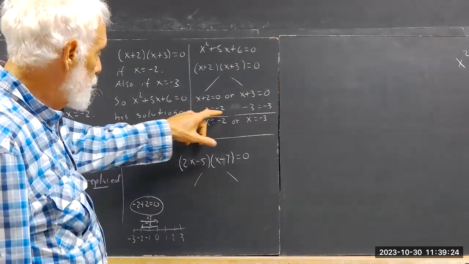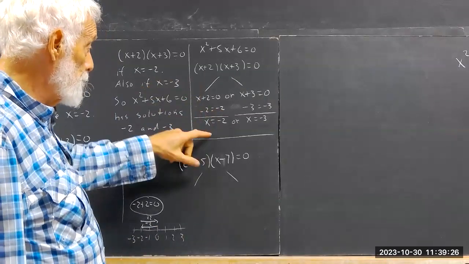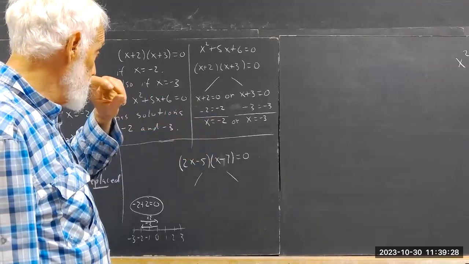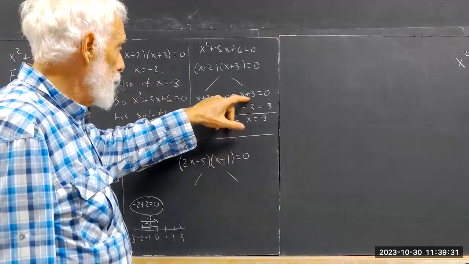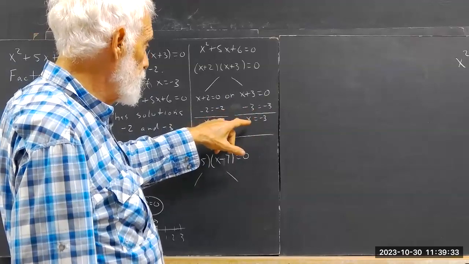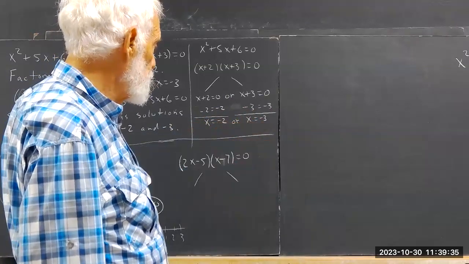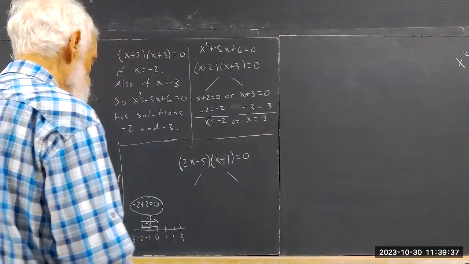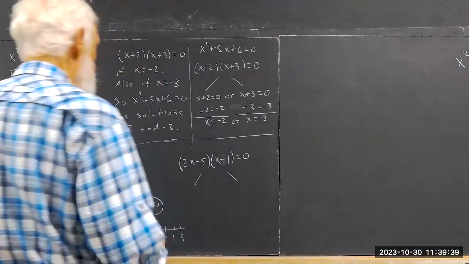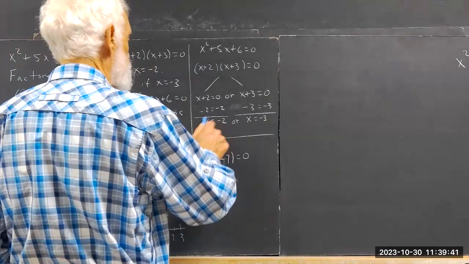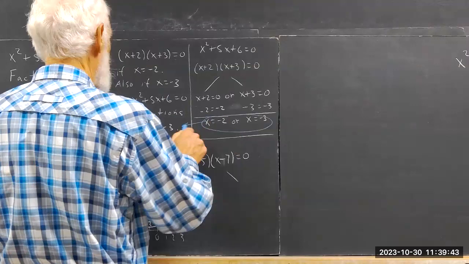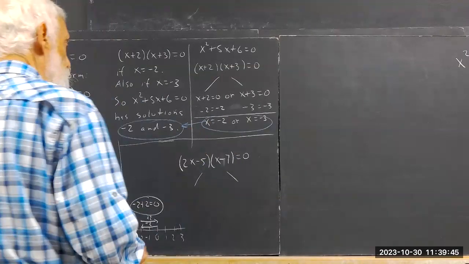Now, I've added -2 to both sides of this equation, and that gives us x equals -2. I've added -3 to both sides of this equation, and that gives us x equals -3. And of course, these solutions match these solutions.